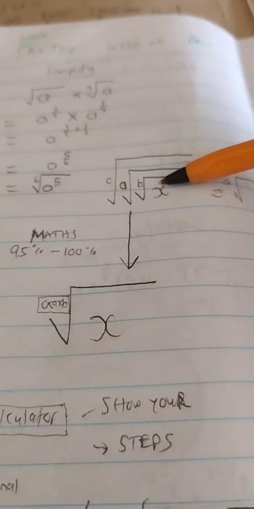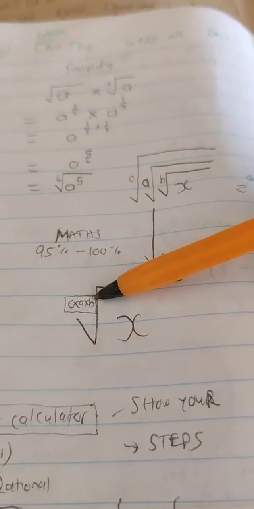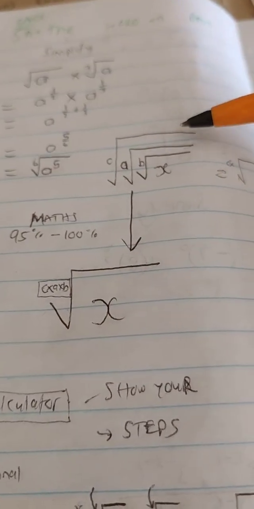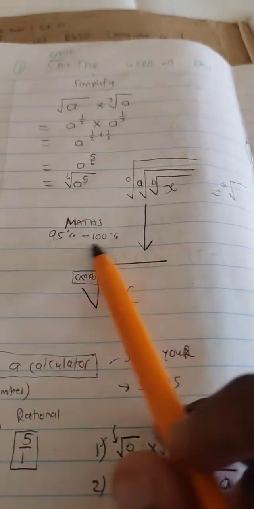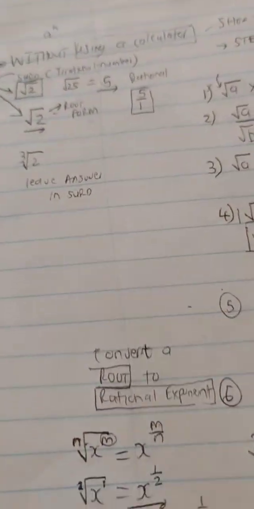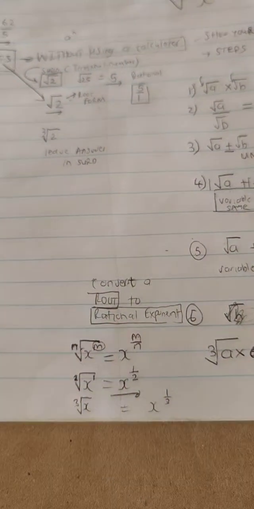You just multiply them and you get the new root, okay, with that variable underneath. And if they say express that answer in exponential form, of course, you know how to change a root form so that it is in exponential form. You know exactly what needs to be done because you have the rule that can help you.